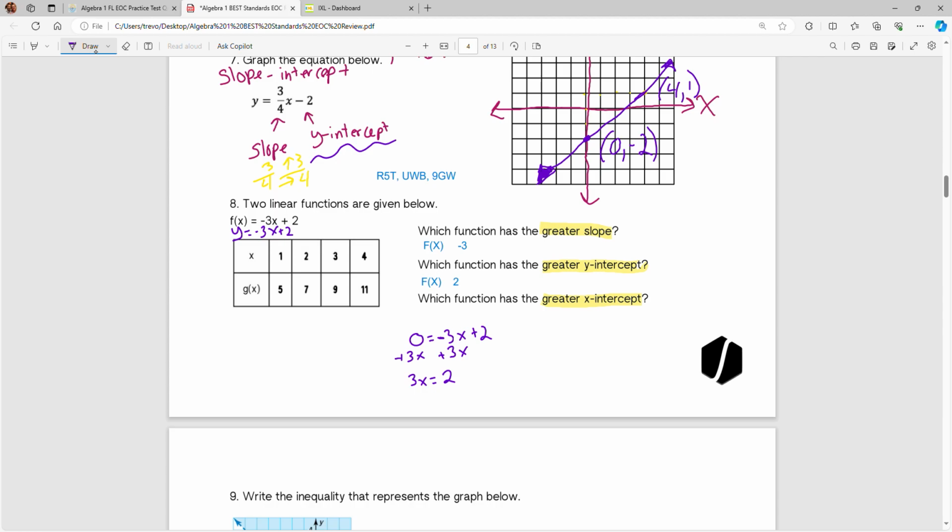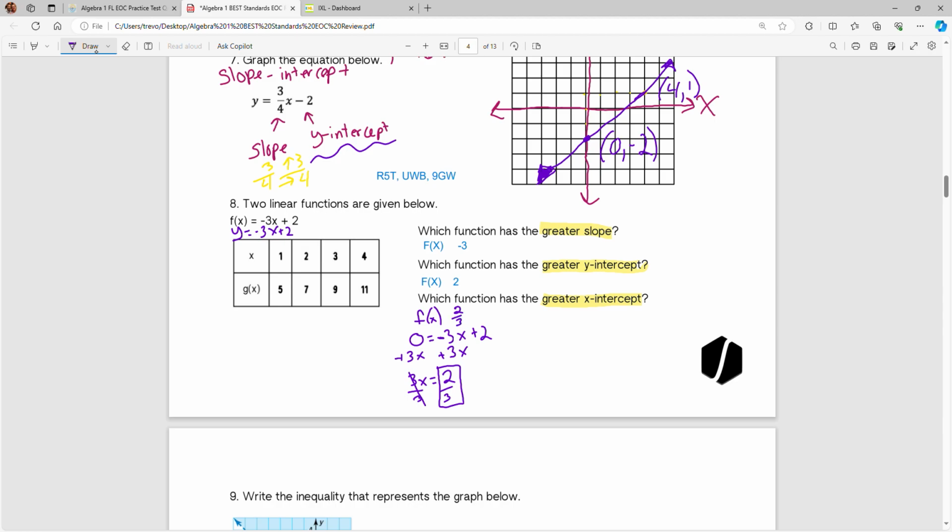And then when I get x by itself by dividing both sides by 3, I get my x-intercept is 2/3. So my f of x x-intercept is 2/3.